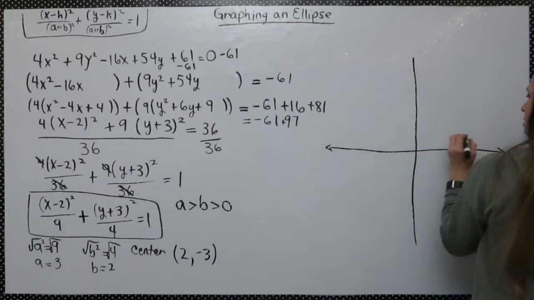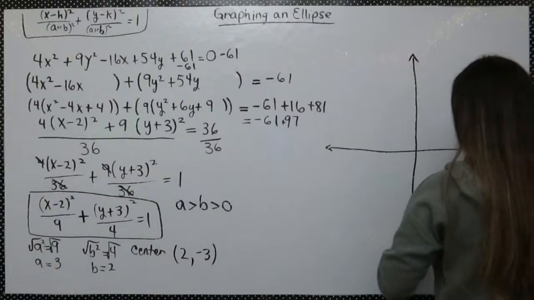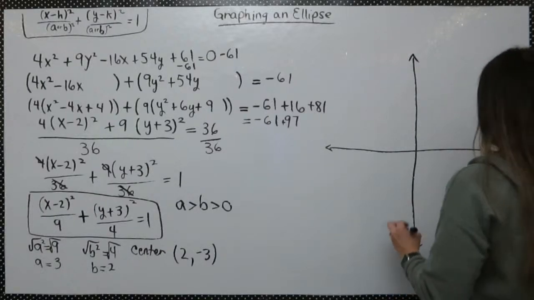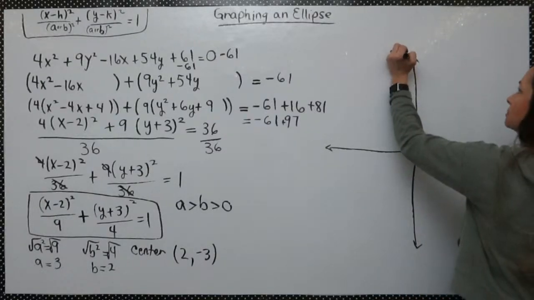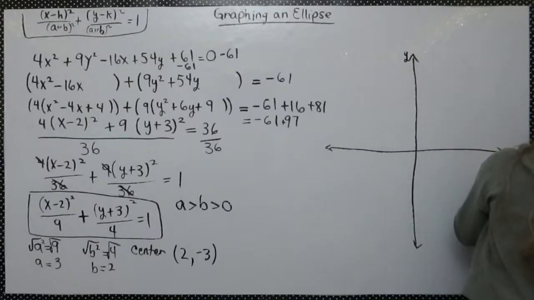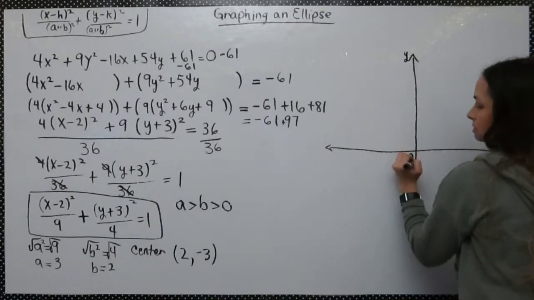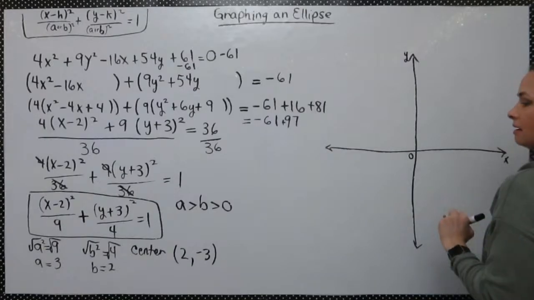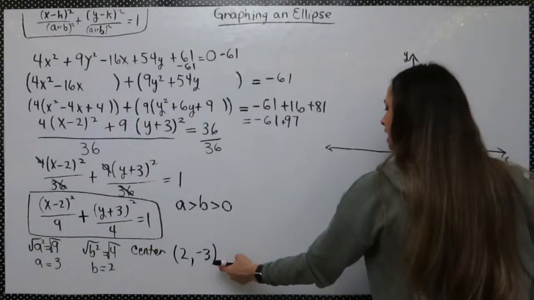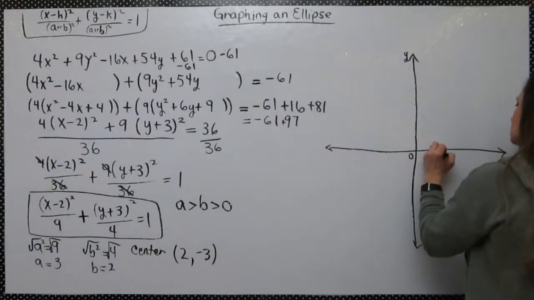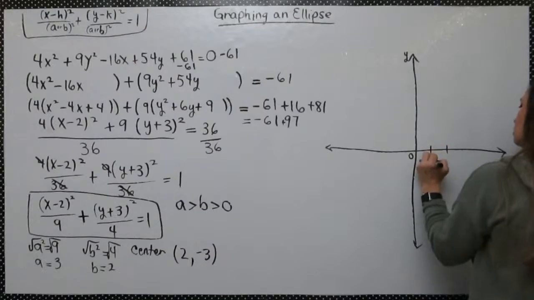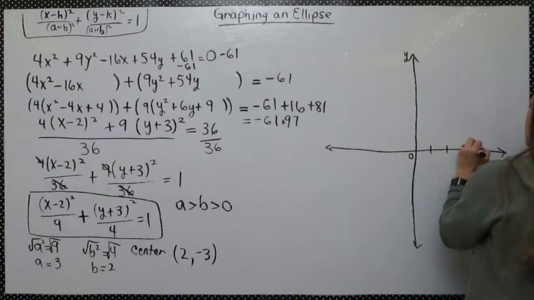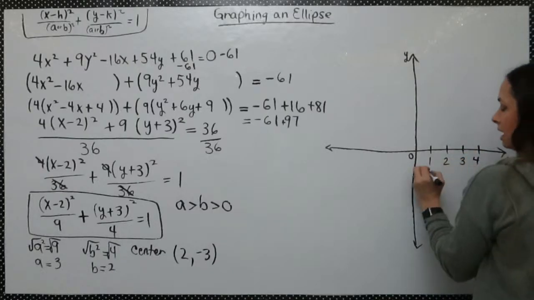And we're going to look at this new ellipse. And I've been saying it right, and then all of a sudden today I started saying it wrong. So, all right. We have our center here at positive 2, negative 3.